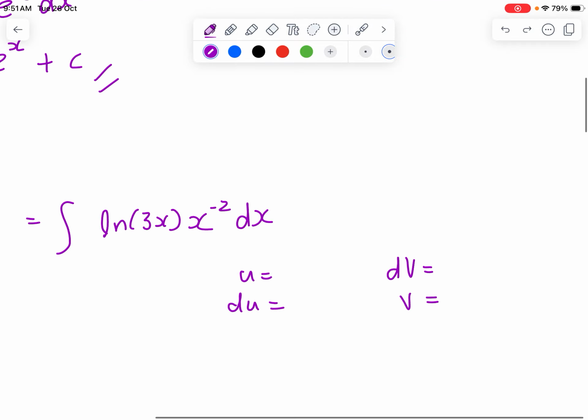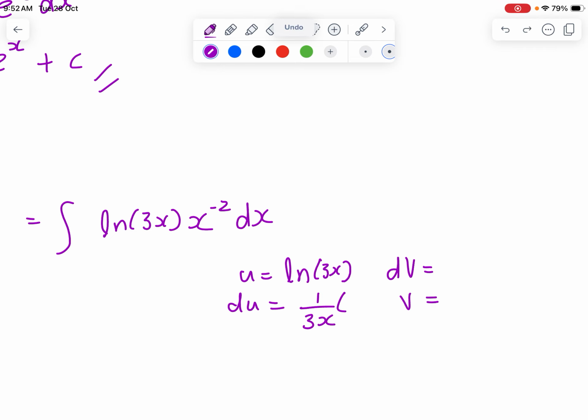So now let's see, what is easier to integrate? We don't really know how to integrate ln, right? So that means we want to make that our u, because ln of 3x, we don't know what the integration of that is. So I let u equal ln of 3x, and du would then be equal to 1 over 3x, times the derivative of the inside function, remember chain rule, which is basically just 1 over x dx.